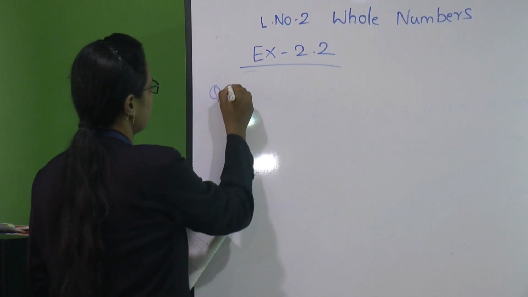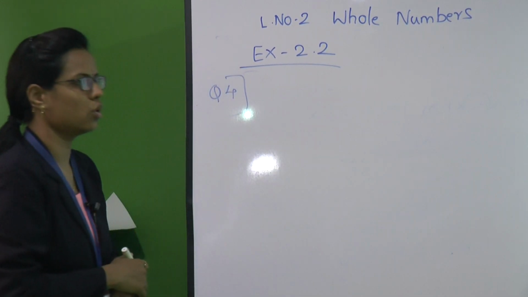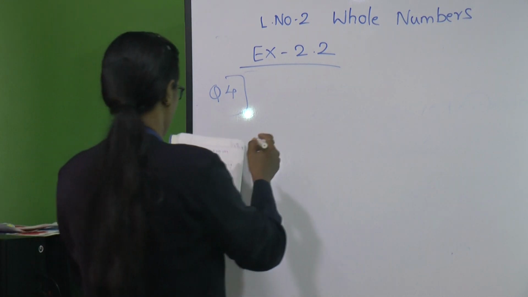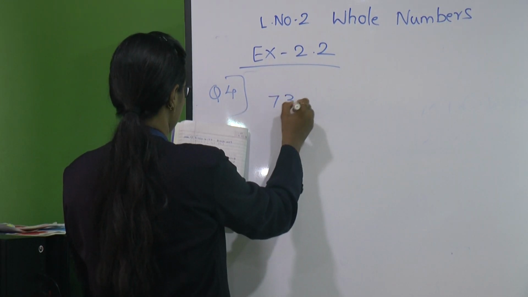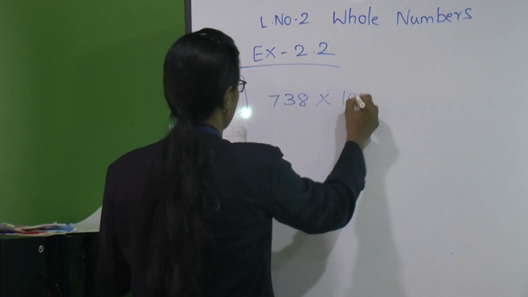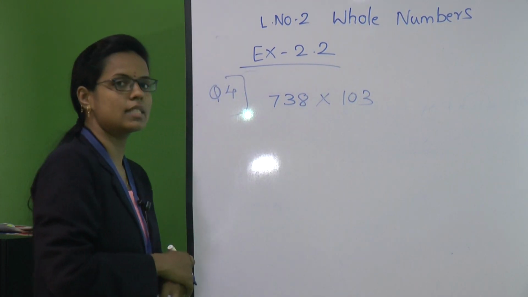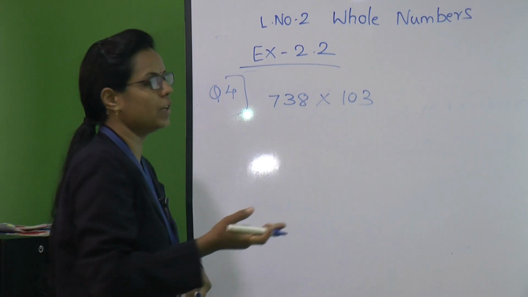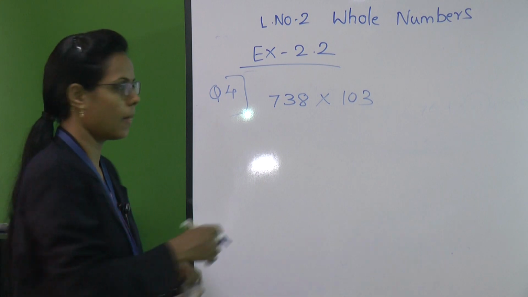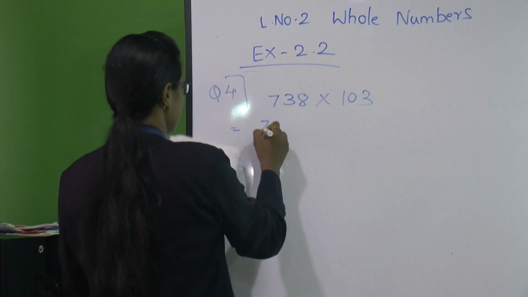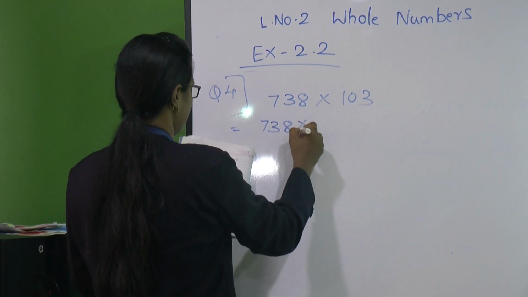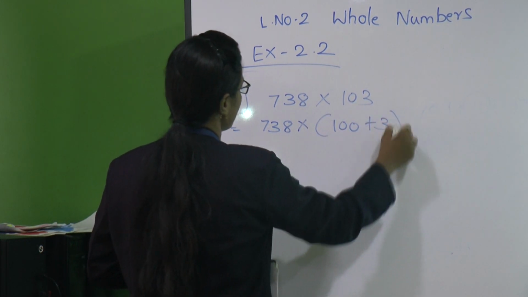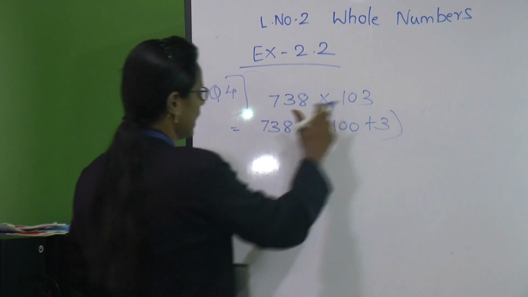Again, question number 4 is find the product using suitable properties. Let us see properties and solve it. 738 multiplied by 103. Let us solve this by using distributive property, as 103 can be distributed as 100 plus 3, right? See here, 738 multiplied by this we will distribute, it becomes 100 plus 3, 100 plus 3 is nothing but 103.